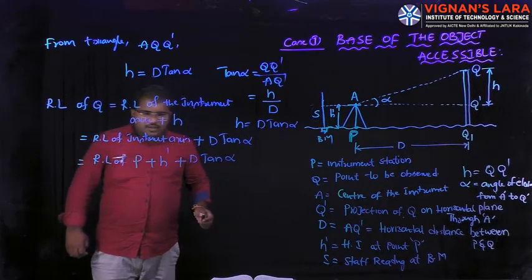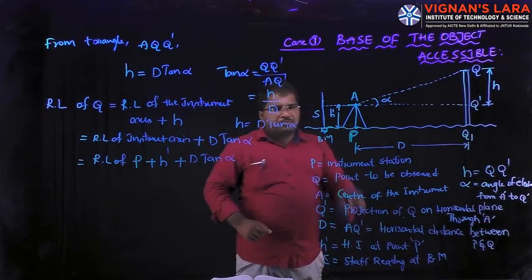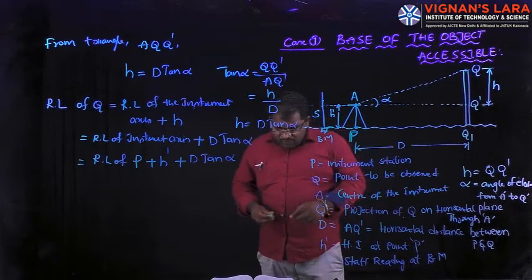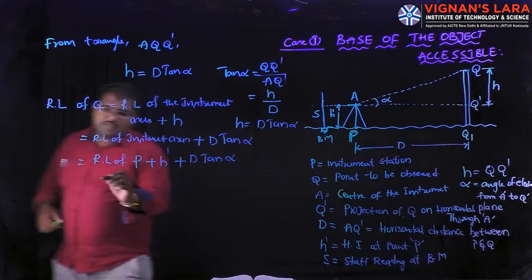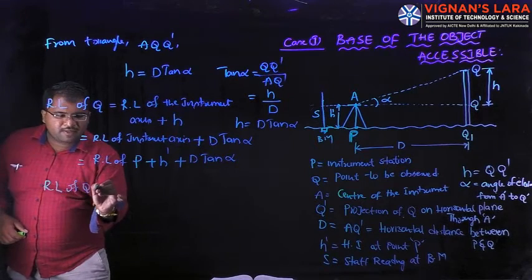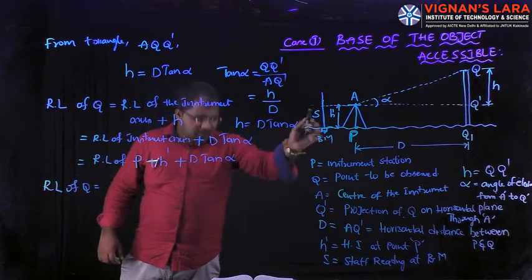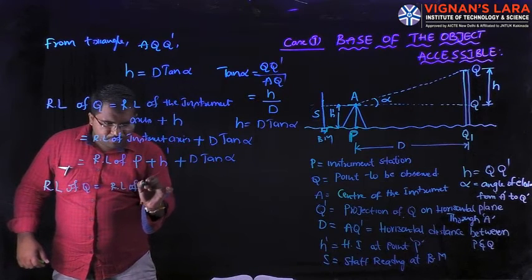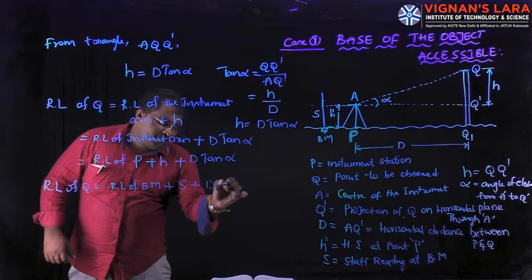Now if the staff reading is taken over the benchmark, and you know the S value, the RL of Q is given when you know this reading, right? So then RL of Q will be RL of BM, RL of benchmark, plus capital S plus D tan alpha.